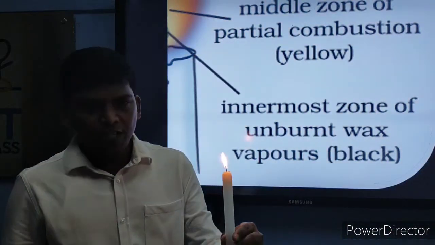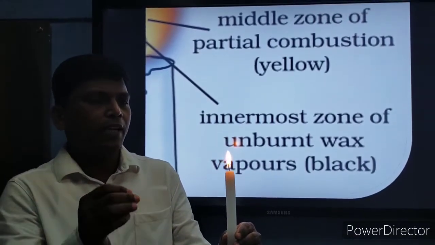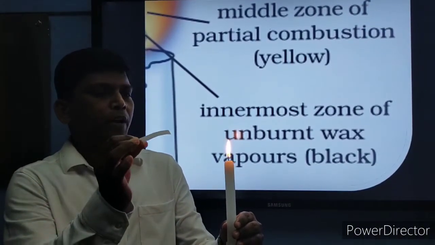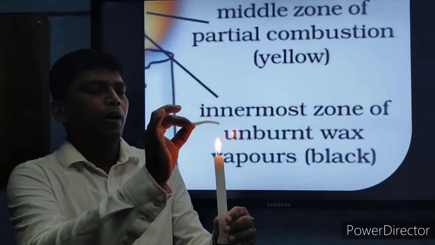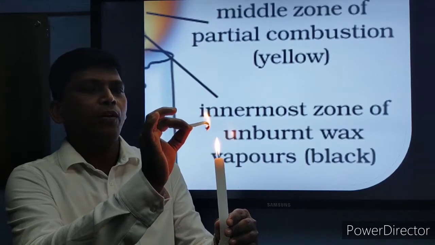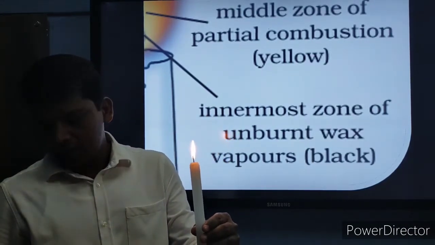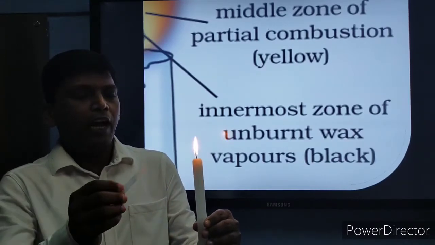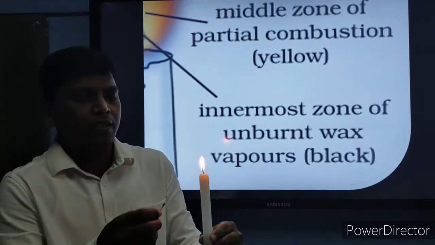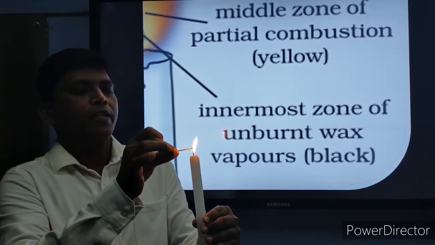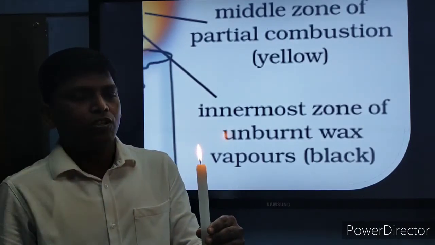So let us find out whether the outermost zone is the hottest part by doing this activity. I am taking a piece of paper. I will not touch this paper with the flame. I will just keep it outside the flame, and you see how it burns very quickly, because that is the hottest part of the flame. Whereas I am keeping this matchstick inside the flame, and it will take a lot of time to burn because it is the least hot zone.